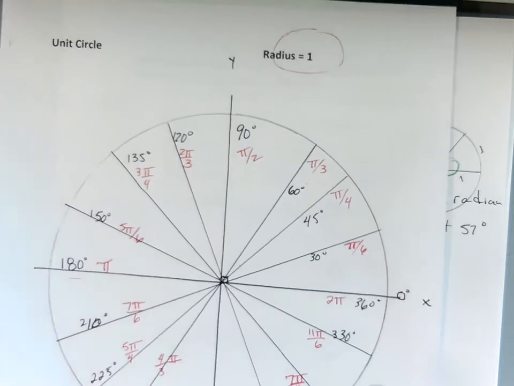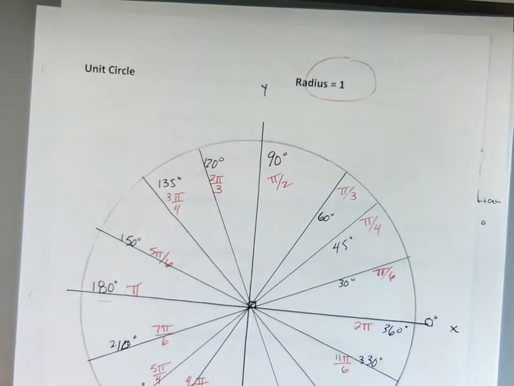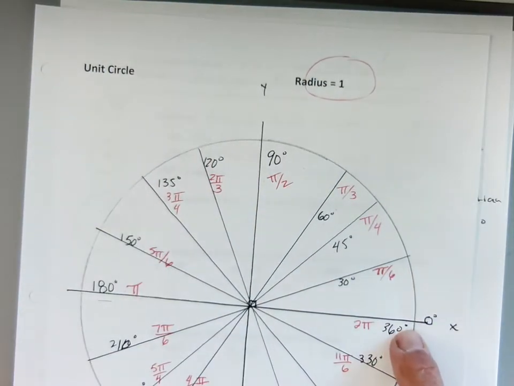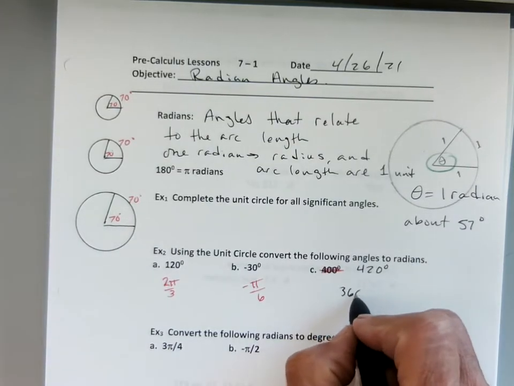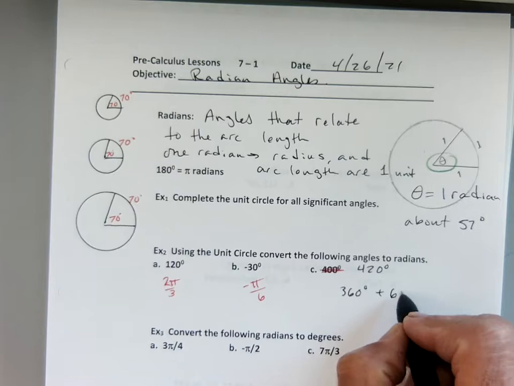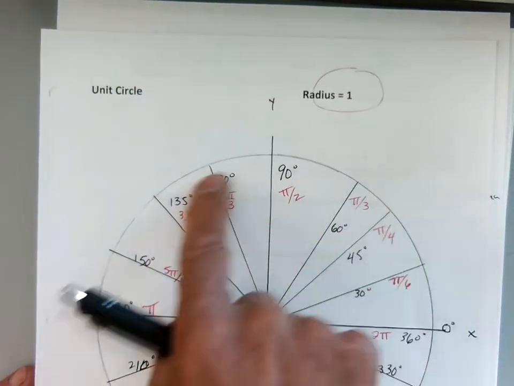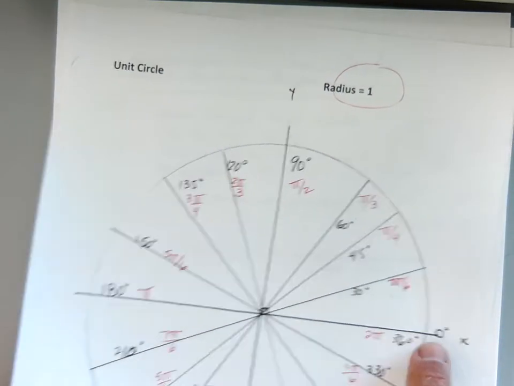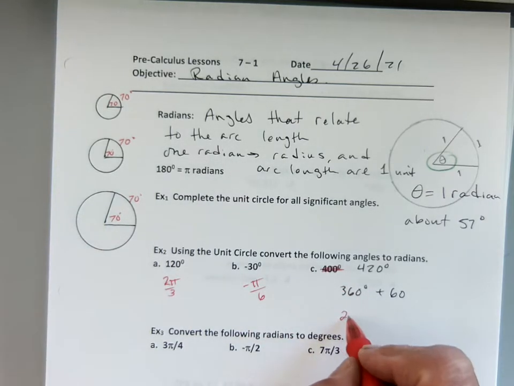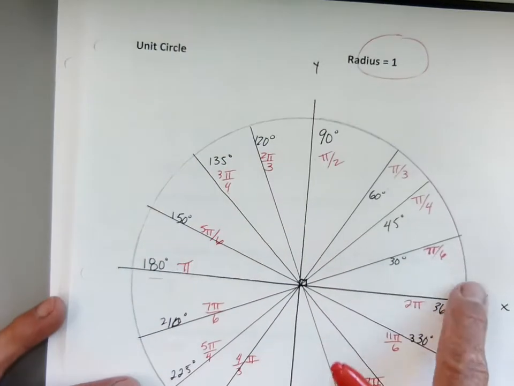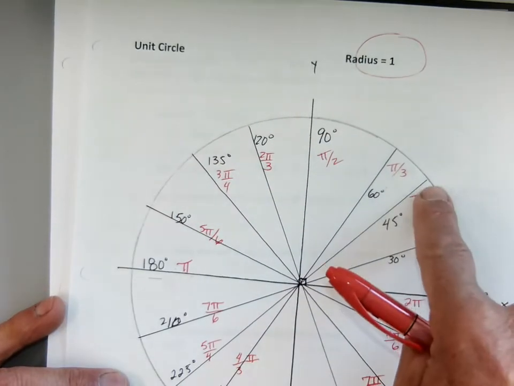420 degrees would be 360 plus another 60. Does that make sense? This is the same thing as 360 degrees plus another 60. 360 degrees is 2 pi. So I'm going to go all the way around to 420, which is here.